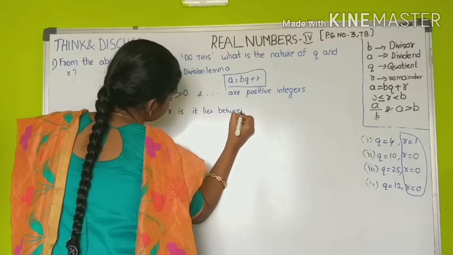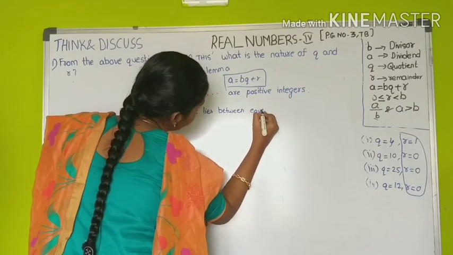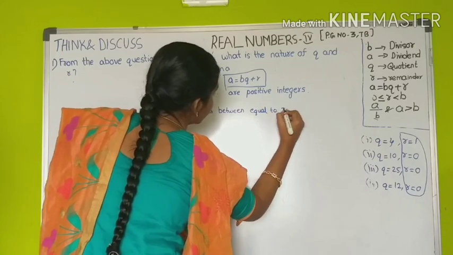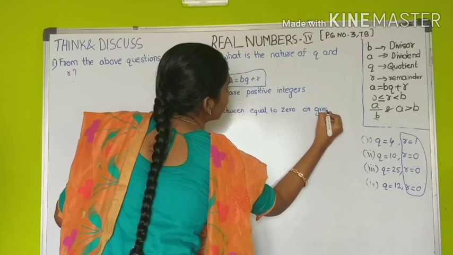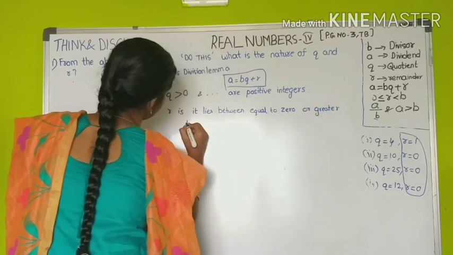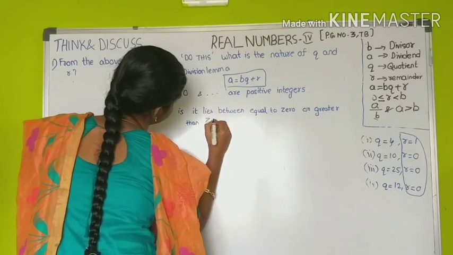it lies between, equal to 0 or greater than 0.